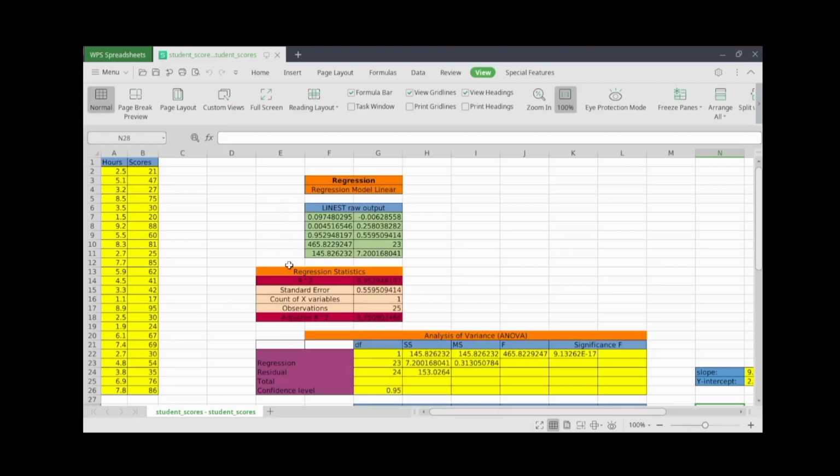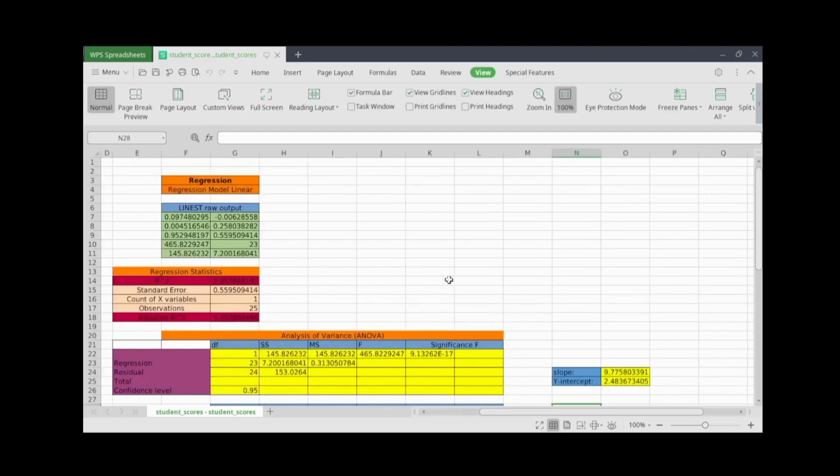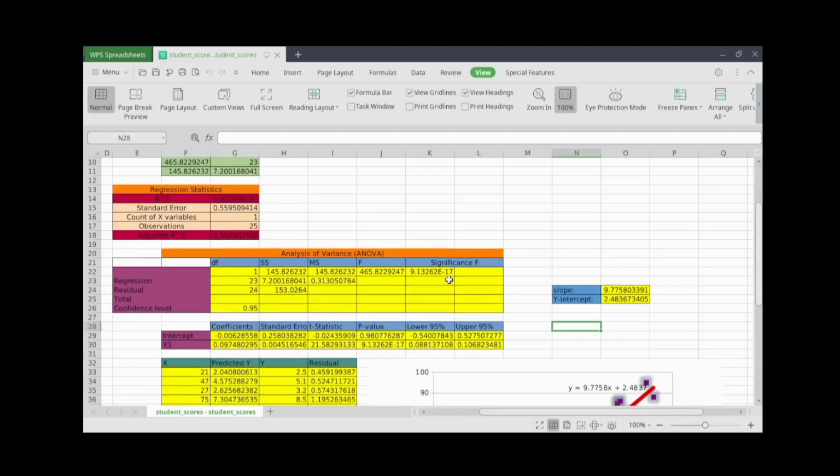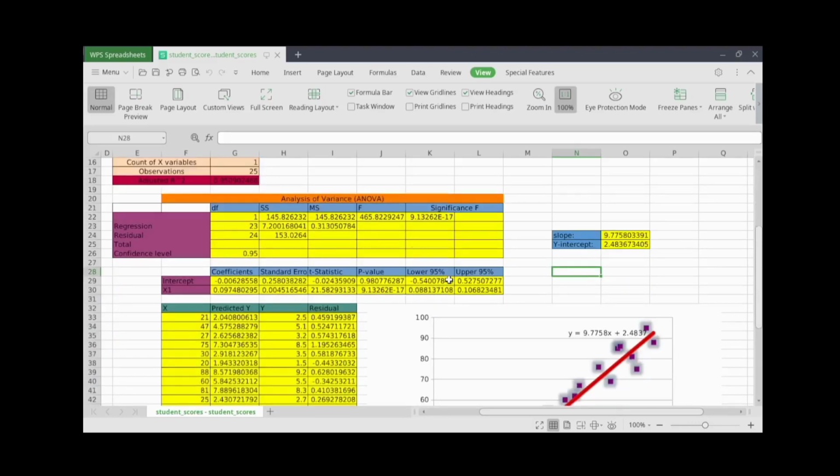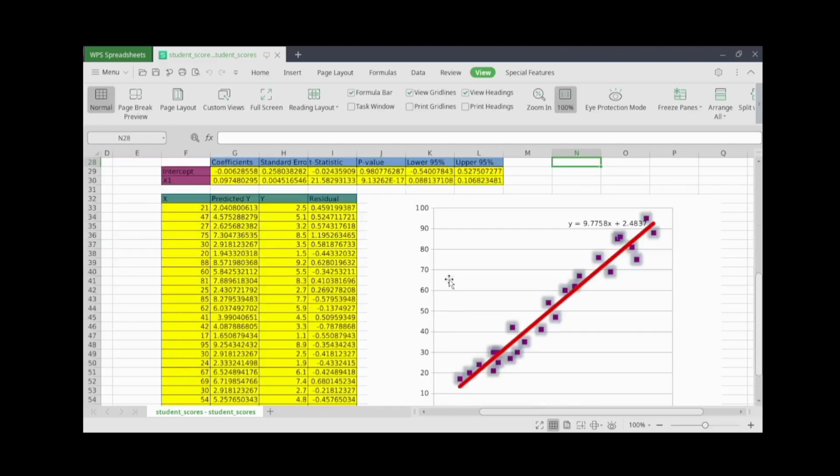The R square value is 0.952948197 and the adjusted R square is 0.950. The slope is 9.7758 and the intercept is 2.4836. We also find the coefficients, standard error, t statistic, p-value, lower 95 and upper 95, and we obtain the predicted y and residual, which means we predict the value of y and find the residual of the predicted y to resolve the errors while training the model.